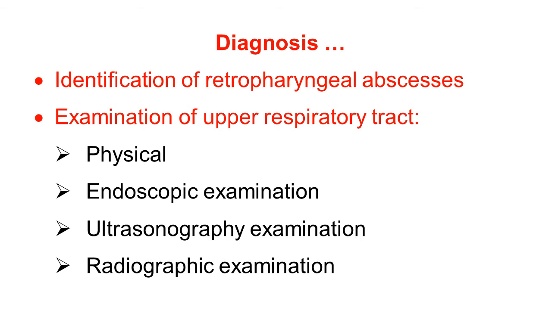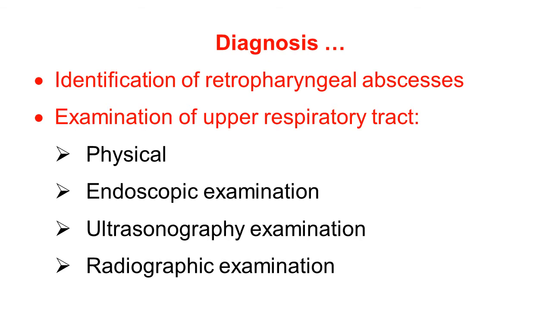Continue with the diagnosis. Identification of retropharyngeal abscess is also an important part of diagnosis. And other lesions of Strangles in the upper respiratory tract can be diagnosed by physical examination by the clinician.